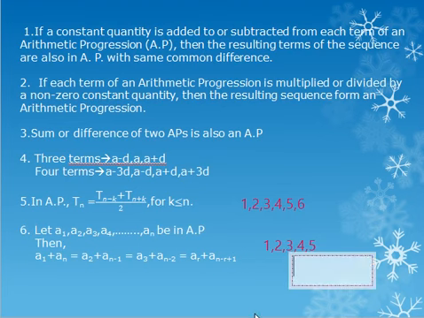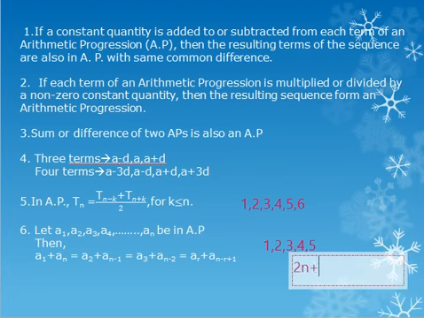So in an odd number of terms, if there are an odd number of terms in an AP, then there is always one middle term. How? The general form of expressing an odd number is 2n plus 1. So if I remove n terms from the last and n terms from the beginning, that would be 2n plus 1 minus n minus n. So I would be remaining with 1, and that 1 will be in the middle. So in this case, 2n plus 1 equals 5, the number of terms.